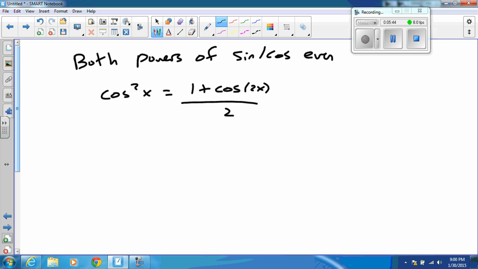Cosine squared x is the same as 1 plus cosine of 2x, divided by 2. And sine squared x is equal to 1 minus the cosine of 2x, divided by 2.